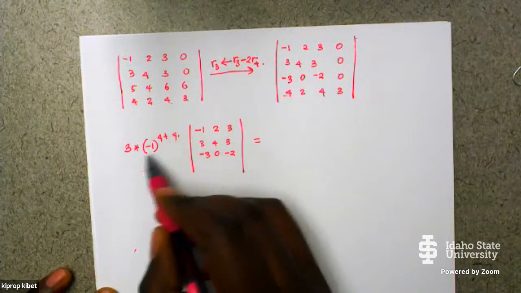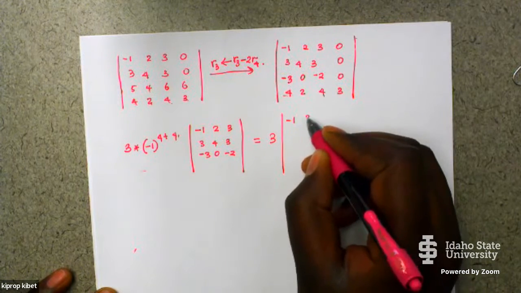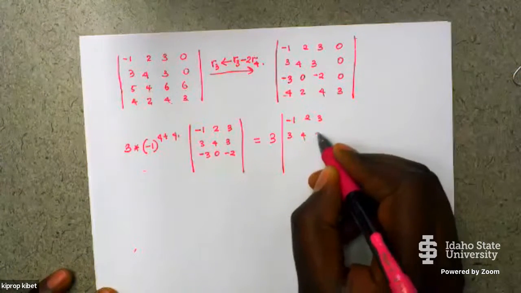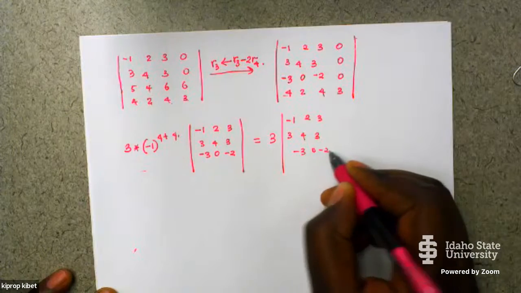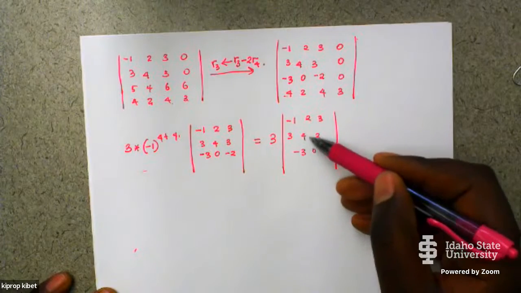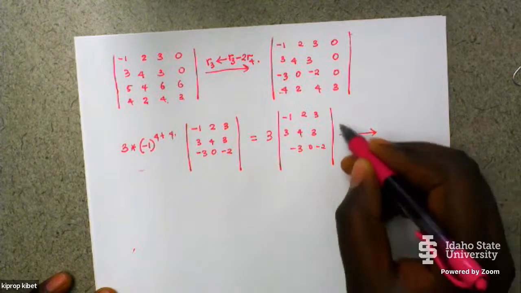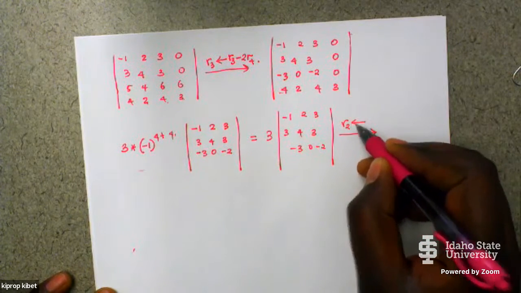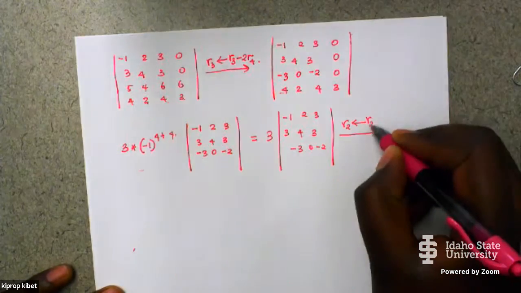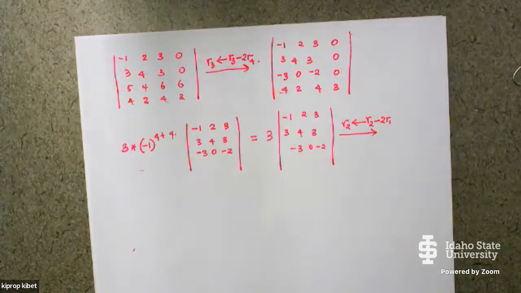Since this sign is even, we have our 3 there, and then the determinant of -1, 2, 3; 3, 4, 3; -3, 0, -2. We want to make this to be 0 here. So to get our new R2, it is R2 minus 3 R1.